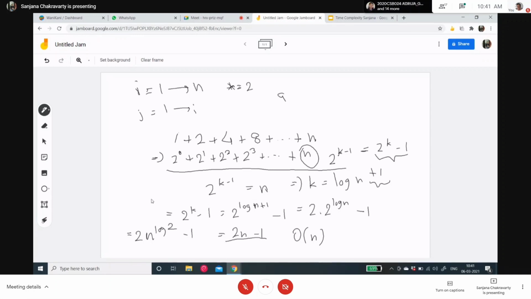So if you have a to the power of log b, that's equal to b to the power of log a. Oh, I got it. And because you have log 2 to the base 2, that is equal to 1. Log 2 to the base 2 is equal to 1. n to the power 1 is n. So that's how we're getting 2n minus 1.